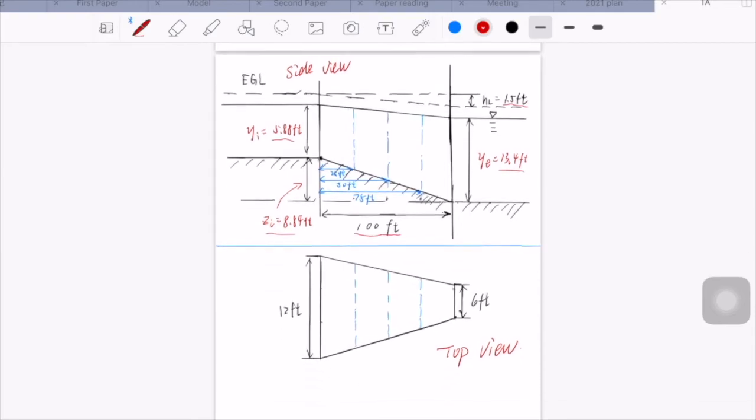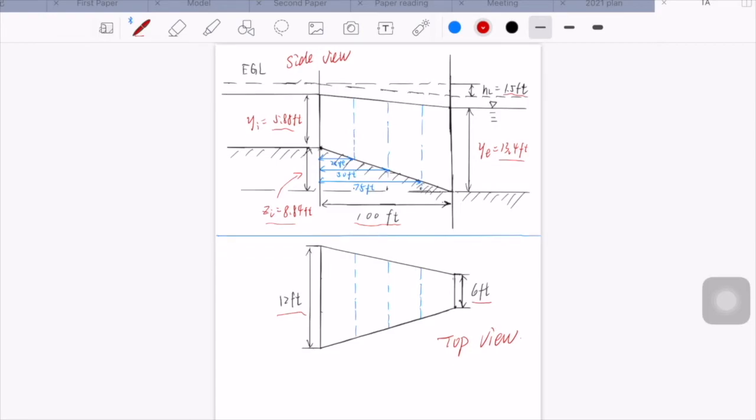And this is the top view, and from the problem we know the width of the entries is 12 feet, and the width of the exit is 6 feet. And since the transition is used to connect two rectangular channels with different widths, the widths of the transition are different at the different sections.